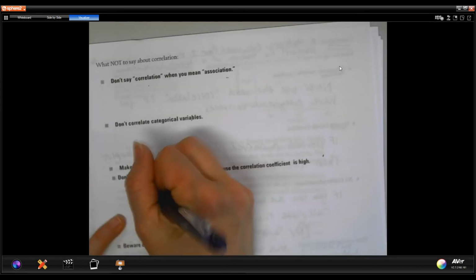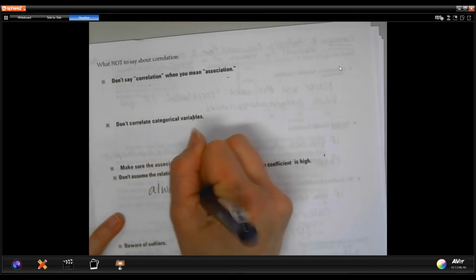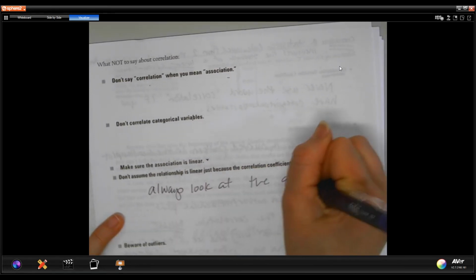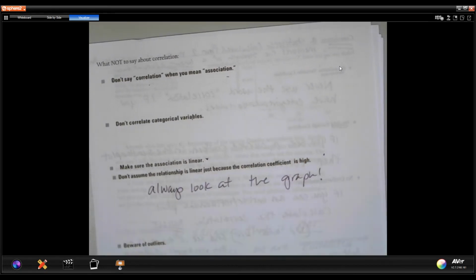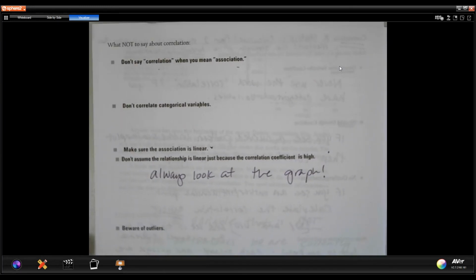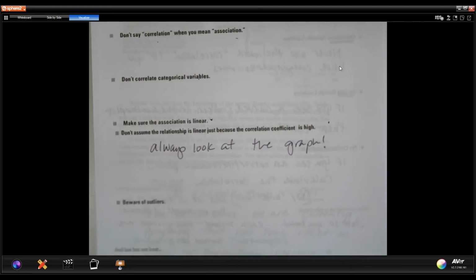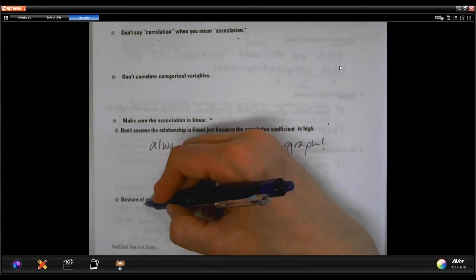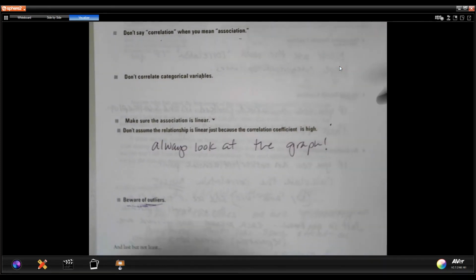I'm going to write this: always look at the graph. You can have a high correlation coefficient that actually has a curved association. So you always have to look at the graph, and always beware of outliers, and be ready to calculate both ways.